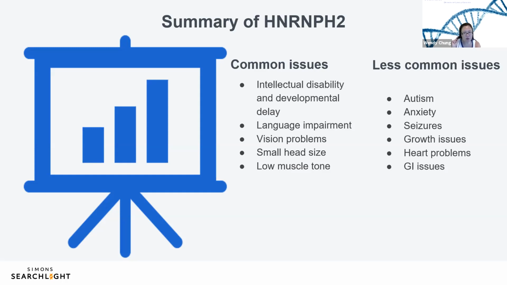So therapies in terms of being able to improve muscle tone, being diligent about repetition, and this is especially true to help with communication issues, and just generally in terms of being able to reinforce and help with potentially any autistic behavior or anxiety, behavioral therapists to help with that.